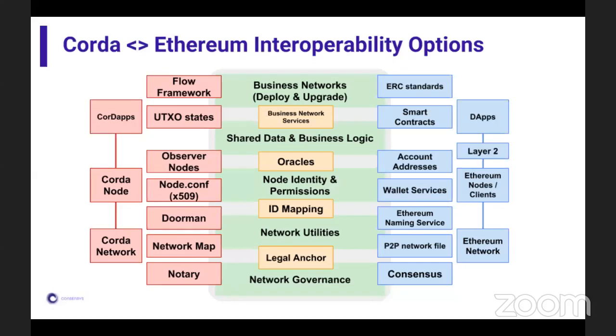Ethereum has something called Ethereum Name Service for naming the smart contracts. Doorman is the registry of identities in Corda. Corda also has a network map and notary. Ethereum, on the other hand, uses consensus algorithms. So this is how we can relate Corda and Ethereum in terms of functionalities.